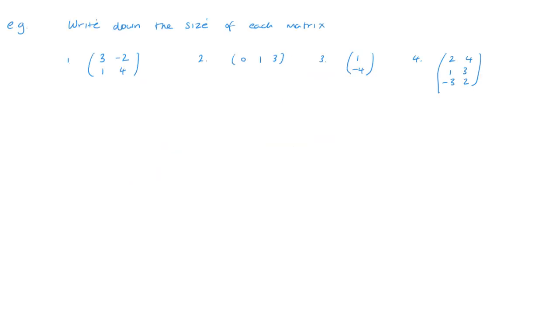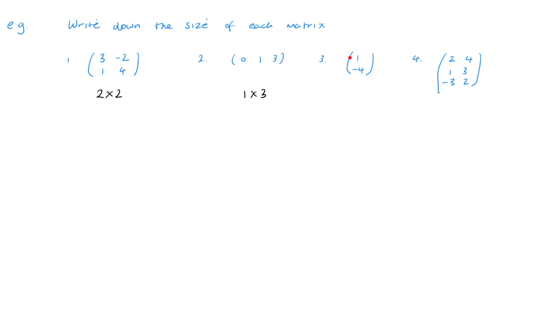First, let's look at what they're called. As I said, it is the number of rows times the number of columns. A square matrix like number 1 is nice and easy because there are 2 rows and 2 columns. Number 2, there's 1 row and 3 columns, so it's a 1 by 3.